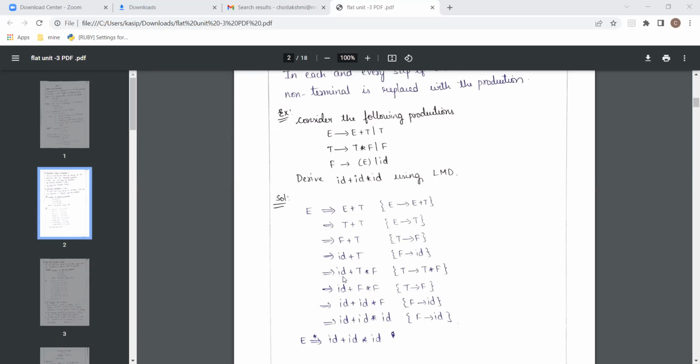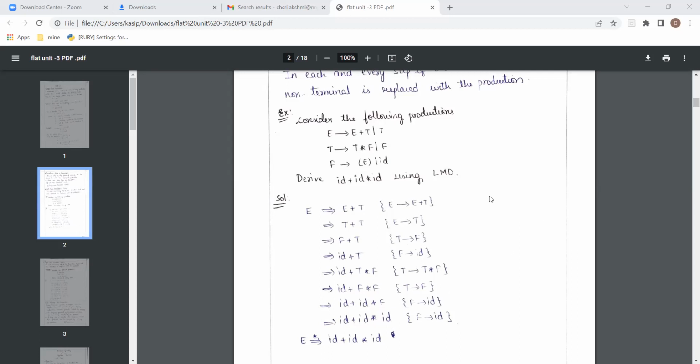After that, in place of T again, I am substituting T into F, that is T tends to T into F. Then in place of T, I can substitute F, so F into F. In place of F, I can substitute ID, F tends to ID. So is this in the format of ID plus ID into ID? Yes, now.